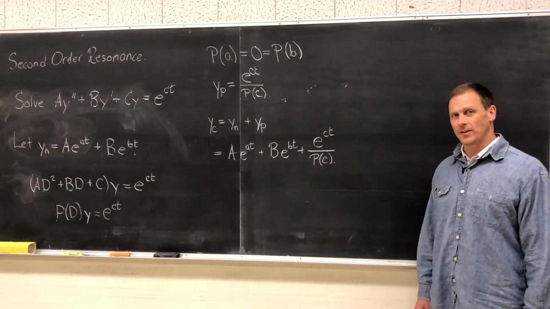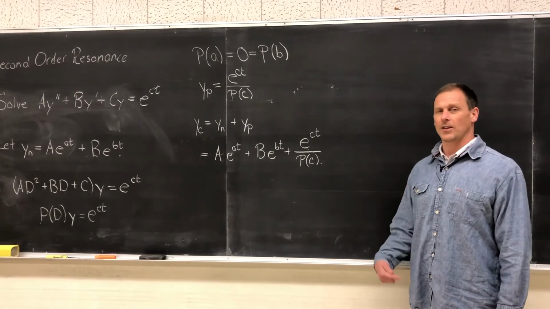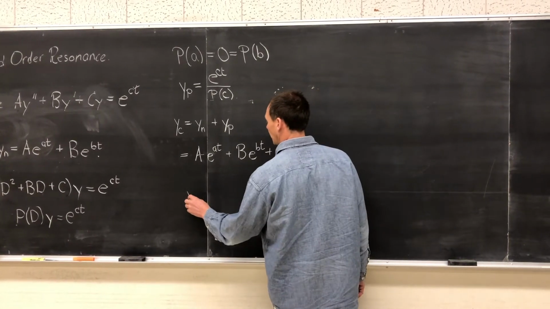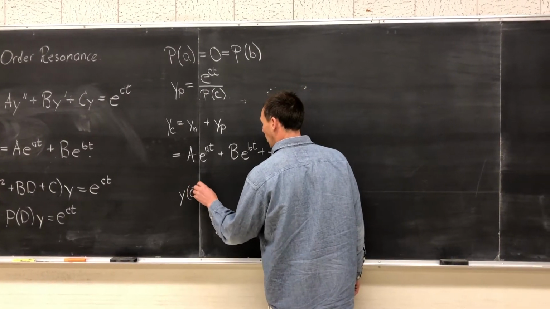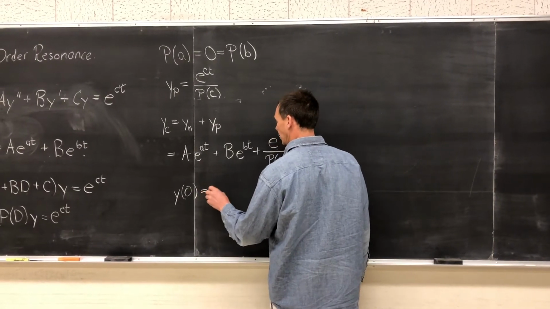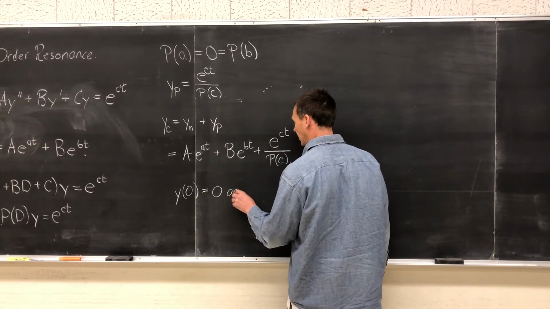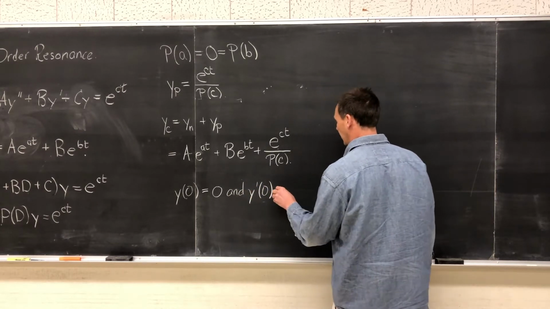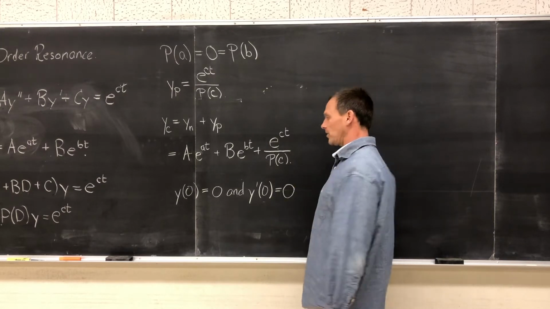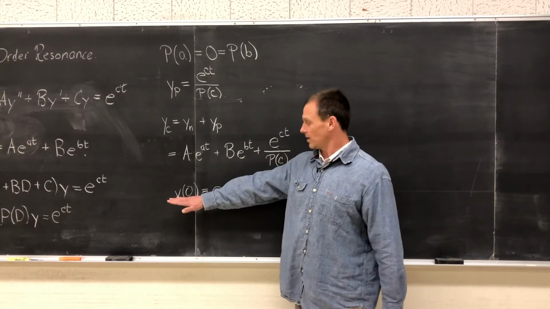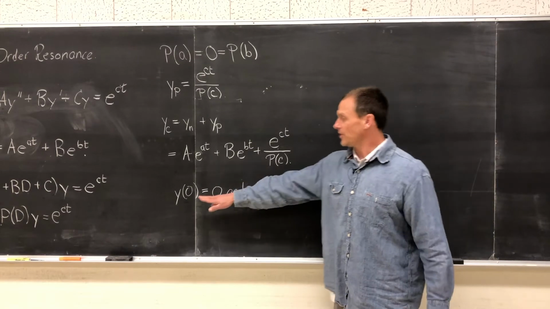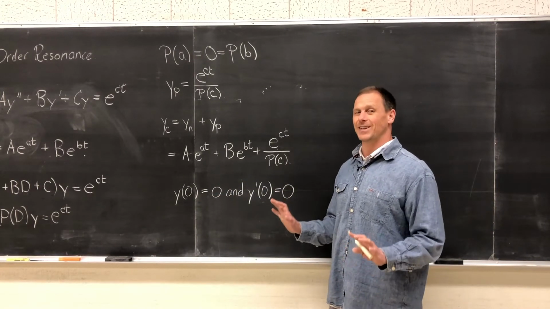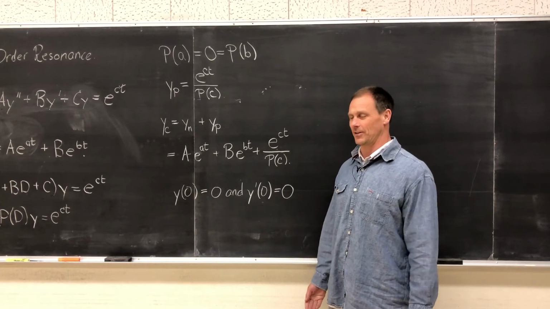Now, resonance, our author calls it a very particular solution, and resonance happens under the conditions when y of 0 is 0 and y prime of 0 is also 0. So the whole system starts at rest for both its distance and its velocity, and then everything is going to begin moving exactly together. That's what resonance is.